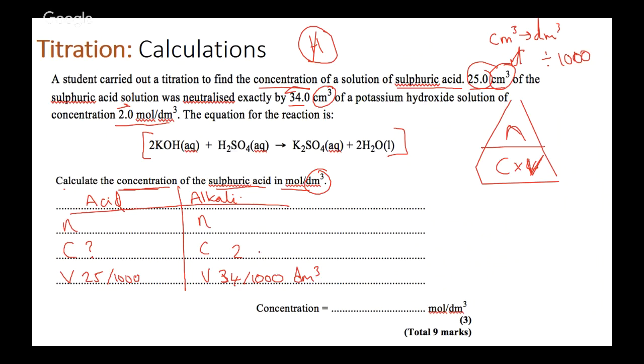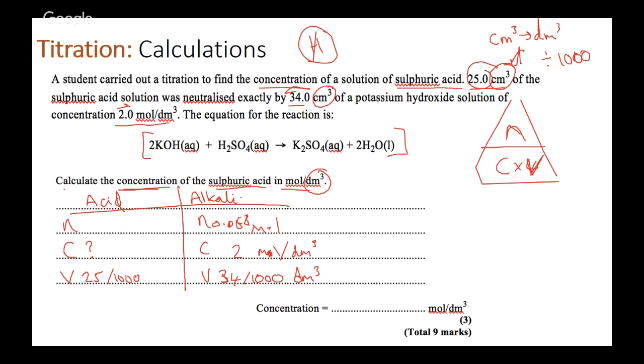The concentration is moles per decimeter cubed. So if we need to work out the number of moles of alkali, what we need to do is multiply these two together, to get rid of the decimeters cubed. So we do 2 multiplied by 0.034, and we get a number of moles as 0.068.